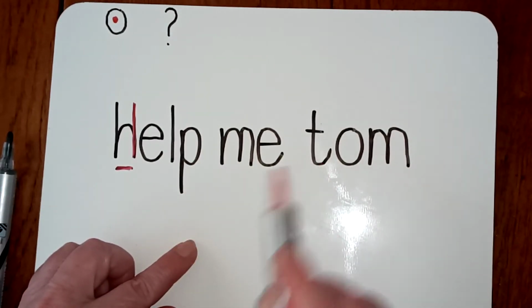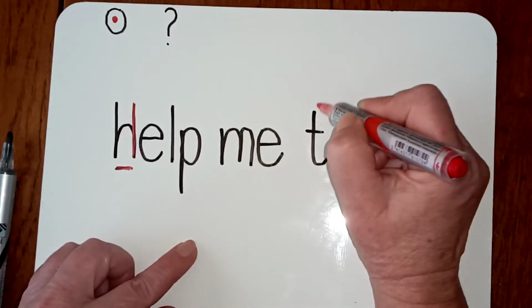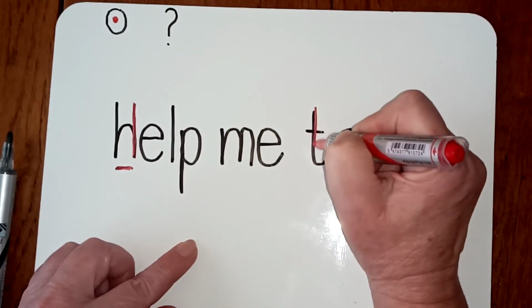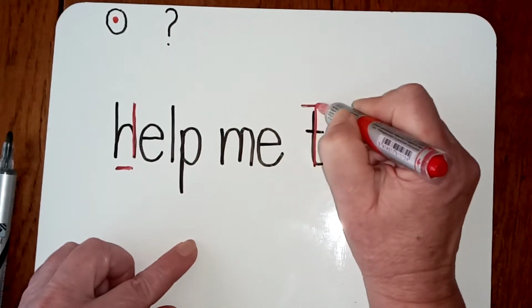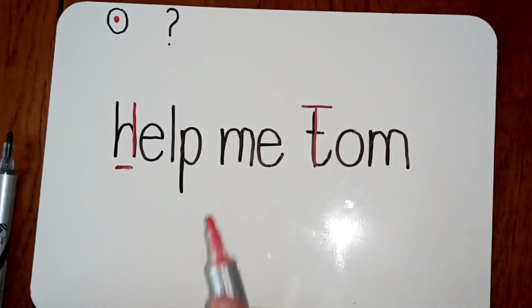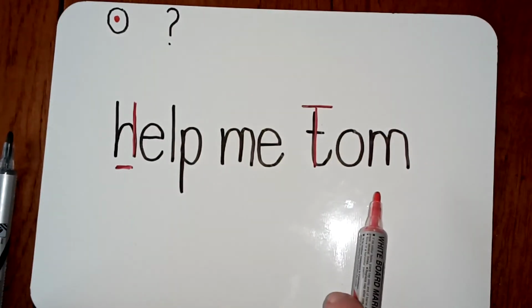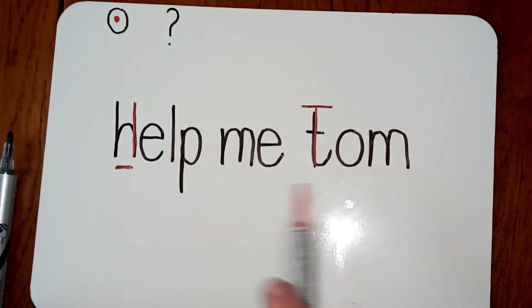Help me, Tom. So Tom is a name. It's a special name of a boy or a man. So it's a capital letter. And then it's not a question. I'm not saying, can you help me, Tom? But it's also not a sentence.